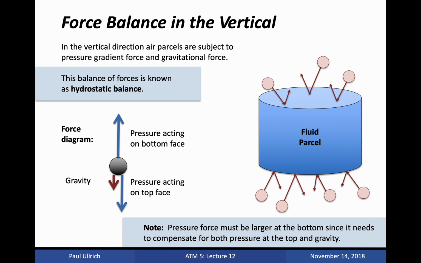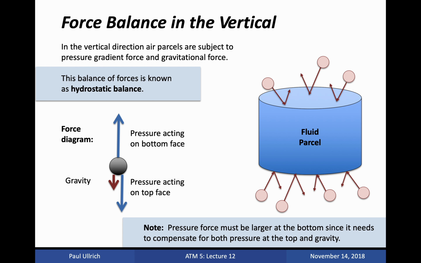Now, gravity acts to pull the fluid parcel downward, but it's also experiencing a pressure that is acting upward on the fluid parcel. Now, the sum of the force acting upward has to balance the force acting downward from gravity and the pressure gradient force acting downward as well.